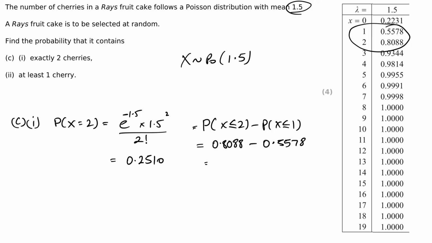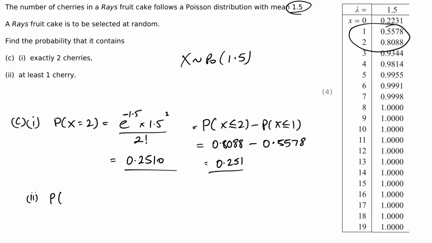So just going into my calculator, 0.8088 minus 0.5578, I get 0.251, which you can see is the same to 3 significant figures, or even 4 decimal places, as the next one. So it is useful. You can use the tables to speed up your answer sometimes. If it's just the 1, I think it's pretty straightforward just to use the formula, but you can use the table.